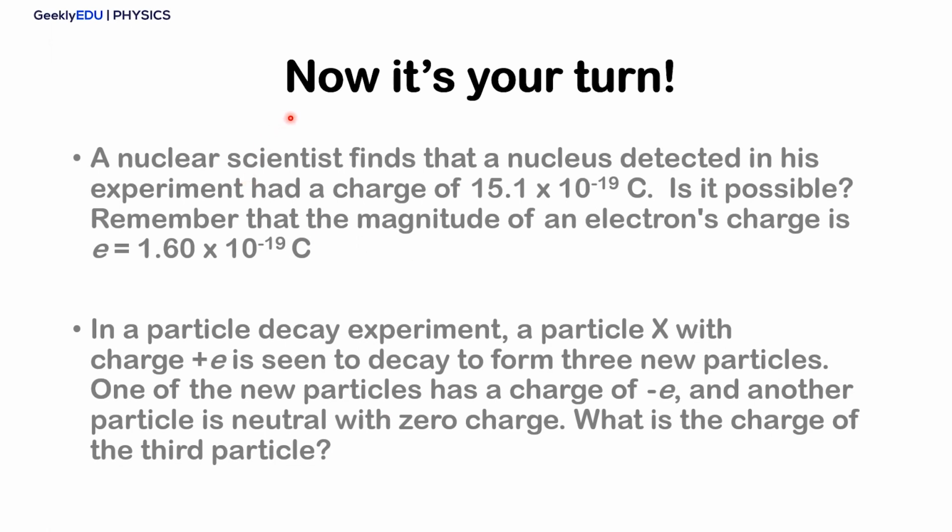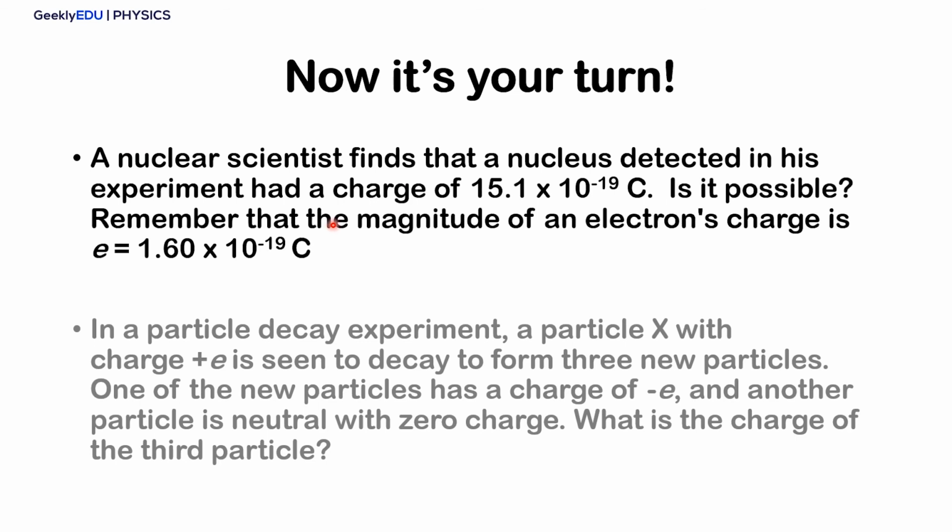Okay, now it's your turn to test your knowledge. Imagine we have a nuclear scientist doing his experiment and he found a charge of 15.1 times 10 to the -19 Coulomb. Is it possible? Remember that the existing charges are only integer multiples of e.